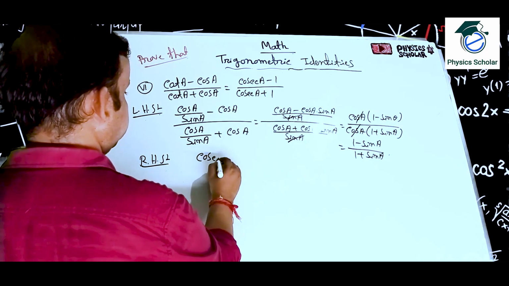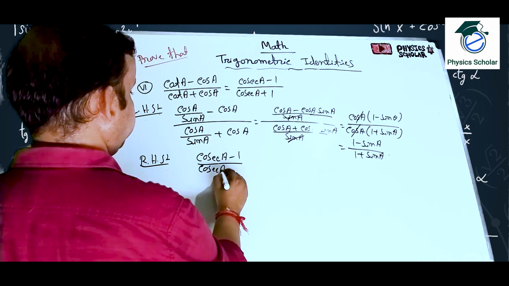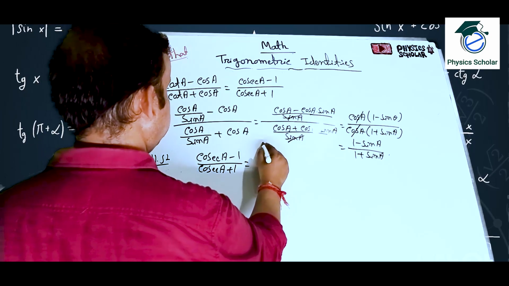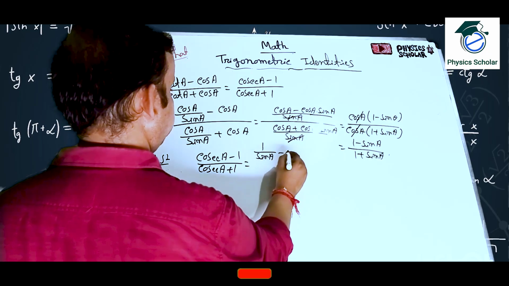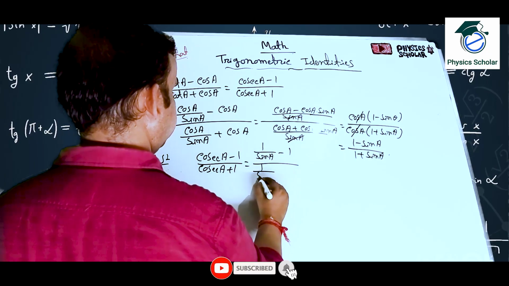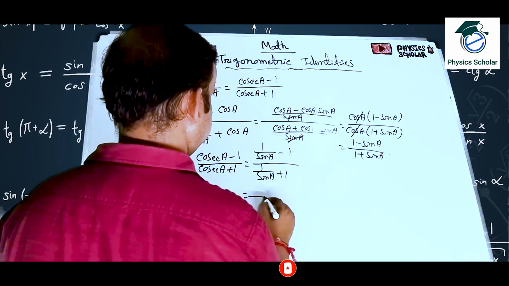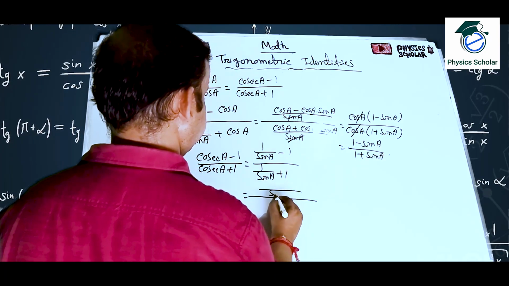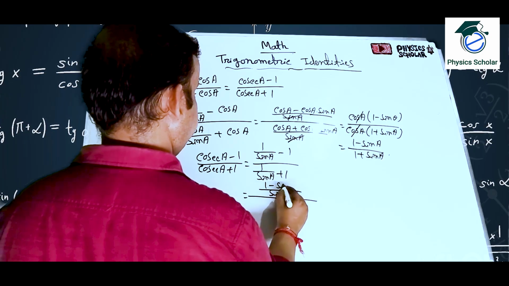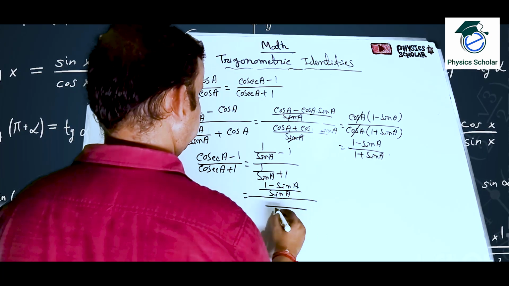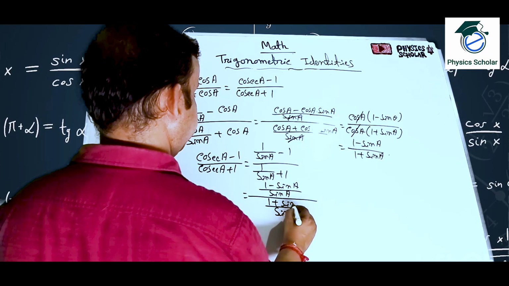Now what is right hand side? Cosec A minus 1 divided by cosec A plus 1. So cosec means what? 1 by sin A minus 1 divided by 1 by sin A plus 1. So what is the LCM? Sin A. That means 1 minus sin A, and here also sin A. So it is 1 plus sin A. Clear?